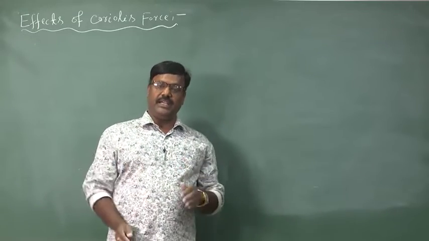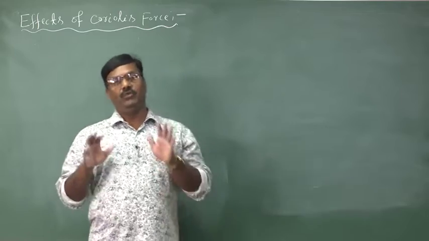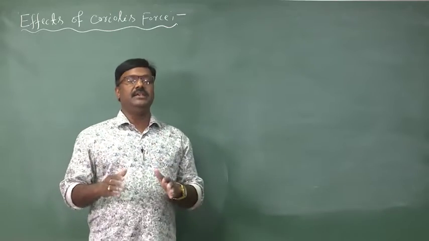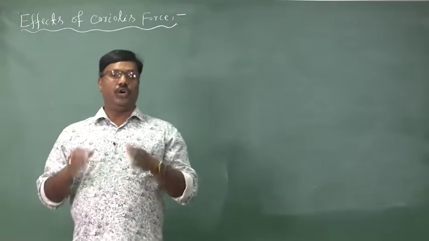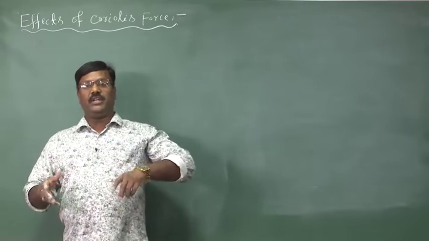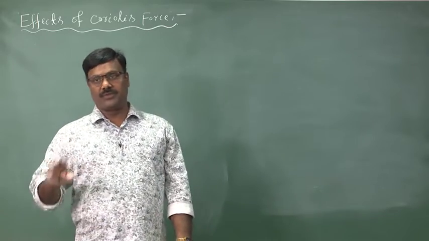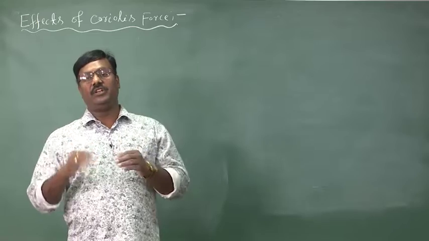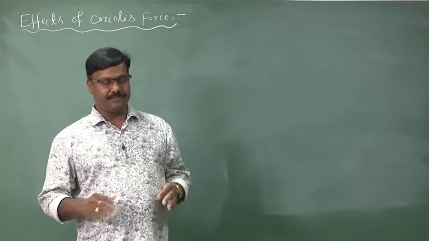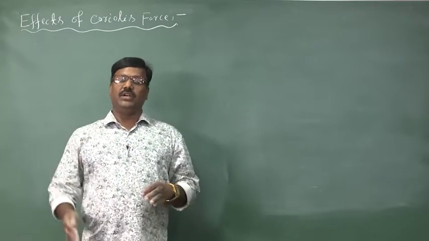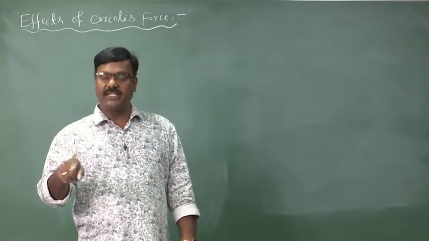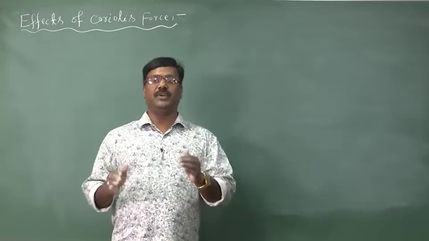Hence a body in motion on the surface of earth will also experience Coriolis force because our earth is a non-inertial frame as it is rotating about its axis. So, if a body on the surface of earth moves, then it experiences a Coriolis force, and from the components of Coriolis force we have found that it will deviate towards its right on the surface of earth.